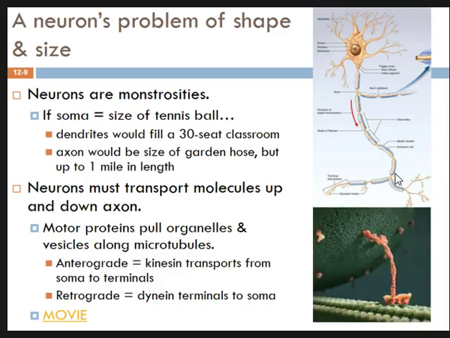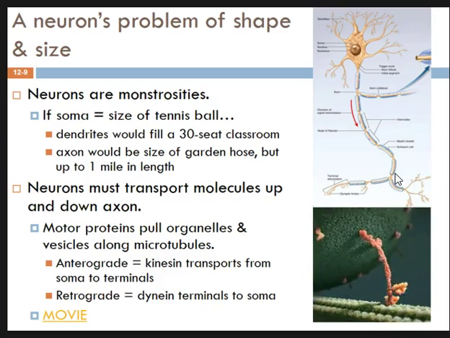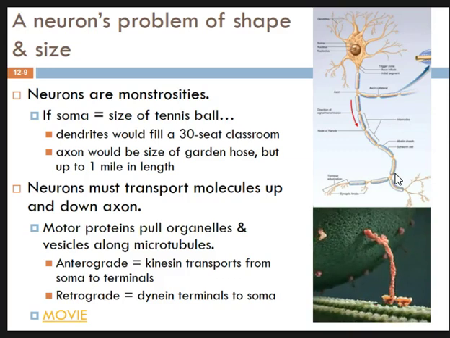So the only way materials can make it from the cell body out to the tips of those axons is through a transport system. You can't just rely on diffusion at any rate that would be useful or appreciable.